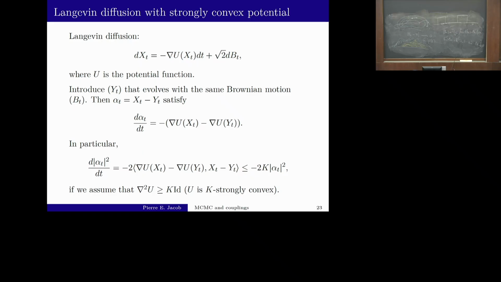And by definition, if U is strongly convex, this means that this is less than the right-hand side here. Some convex arguments: if you have a convex function, it means that at every point it's higher than a tangent line right here. But if it's strongly convex, it means that you can also squeeze in a quadratic function.